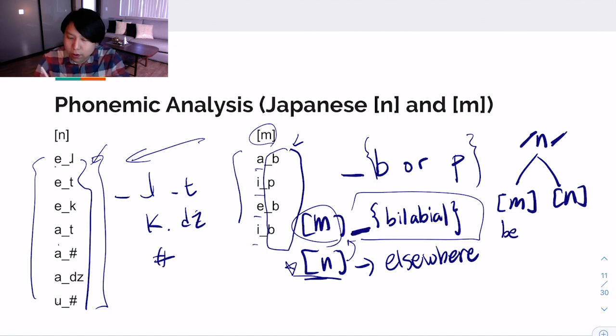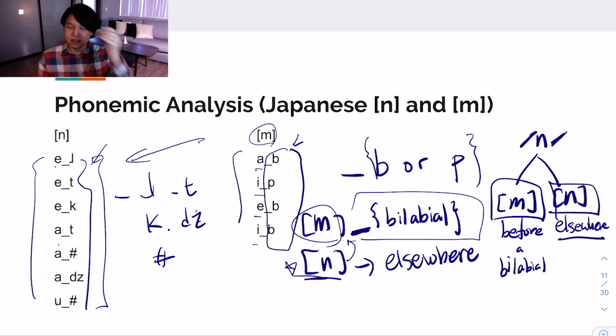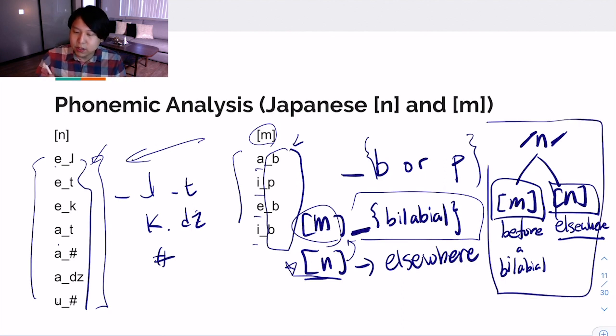So before a bilabial sound, it's M, and in all other positions, N, the default sound, comes out. So that's how the Japanese phoneme N is organized.